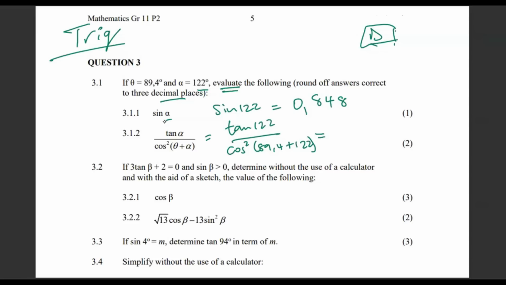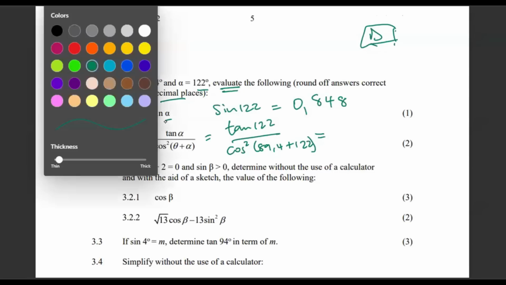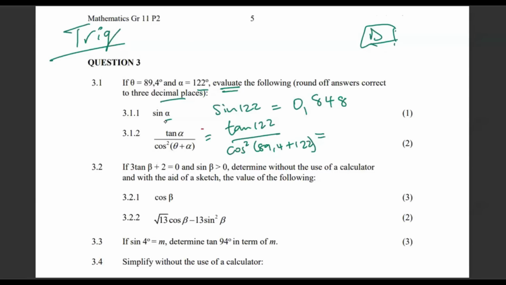Okay, so we're saying we have the tan of 122. We're dividing it by, we're going to say brackets, cos of 89,4 plus 122. Close the bracket, you square it. Okay, what I mean is that if you don't want to do it otherwise, just have it like this, you square it.